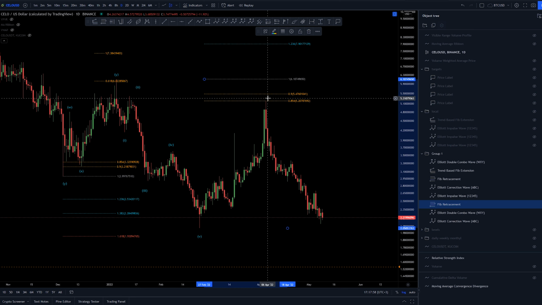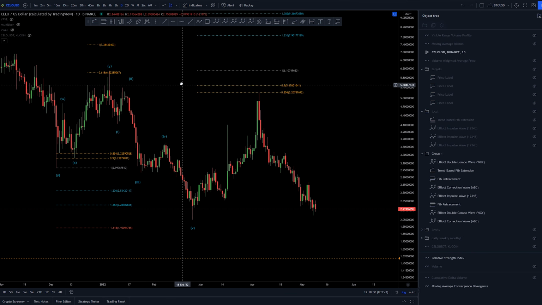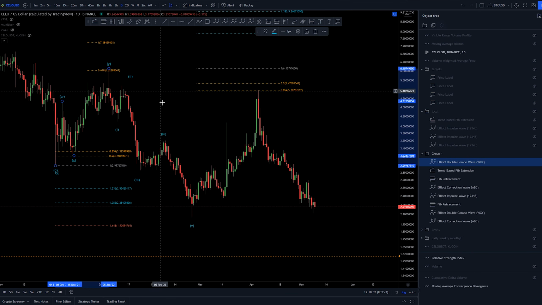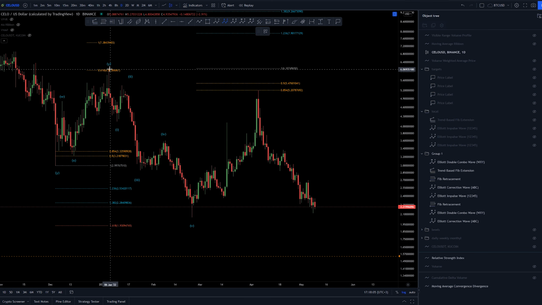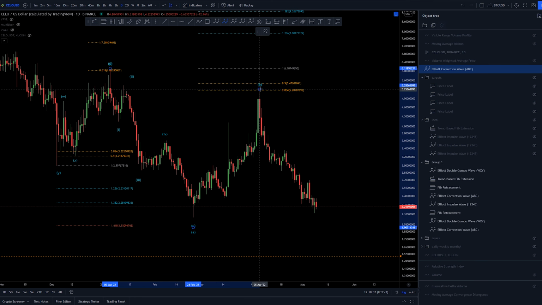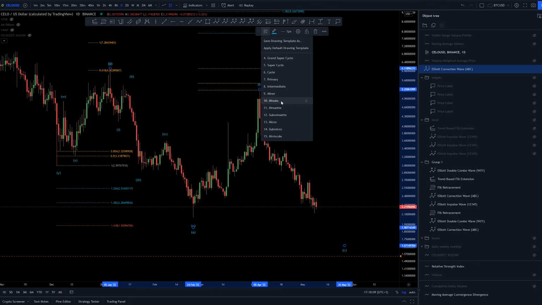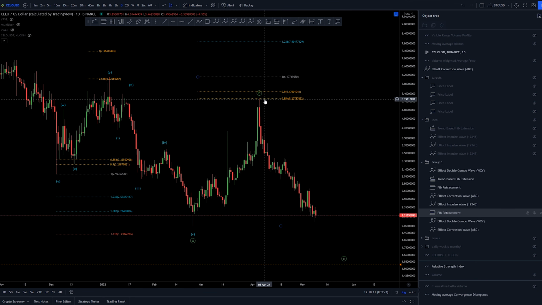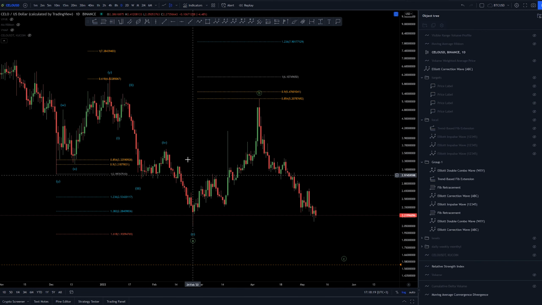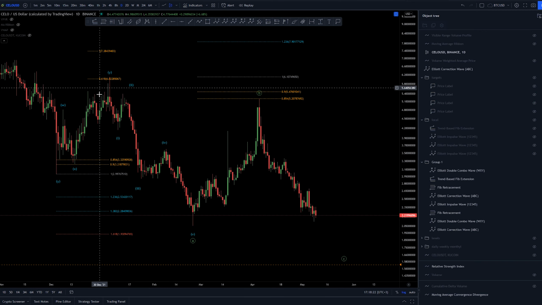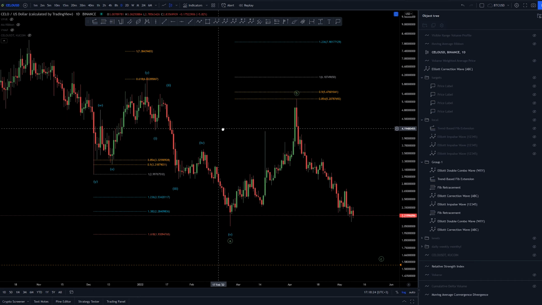So we could be thinking of these last few legs as an A, B and C. At that point, we would have to ignore that we got tapped into the 85.4 retracement, which would make it a flat, in which case this would need to be a three-wave structure here.